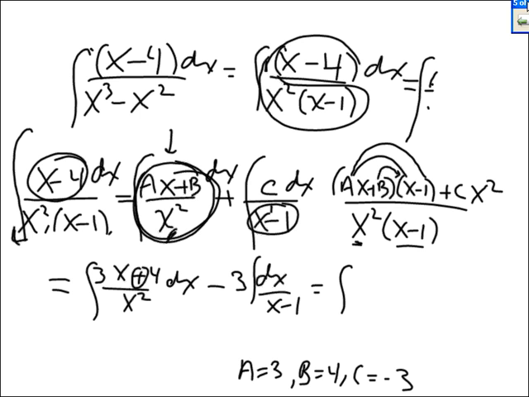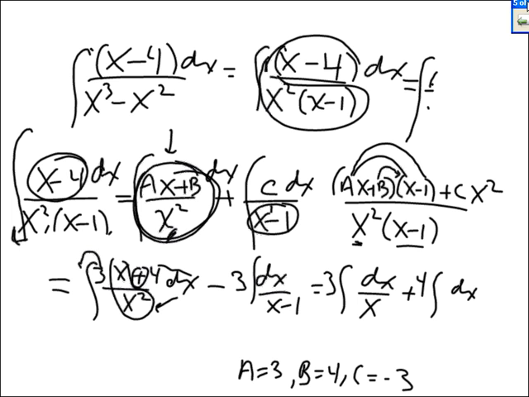It's the integral of 3x dx over x squared. The 3 I put in front. But x over x squared is just 1 over x. Plus the integral of 4 dx over x squared. The x squared I'll write on the top as x to the minus 2. Minus the 3 dx over x minus 1.